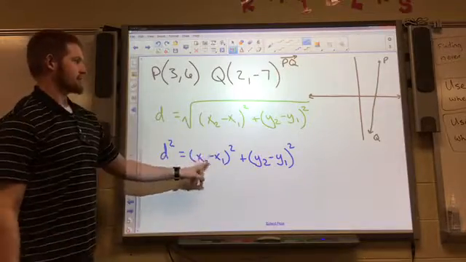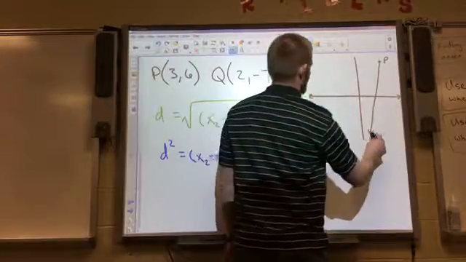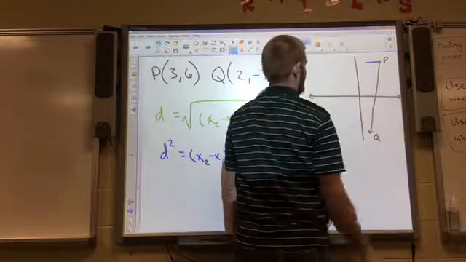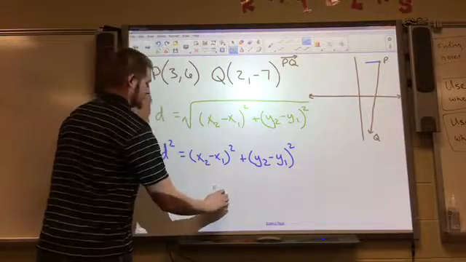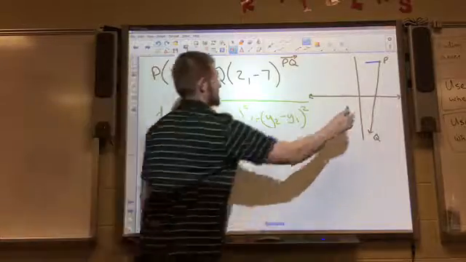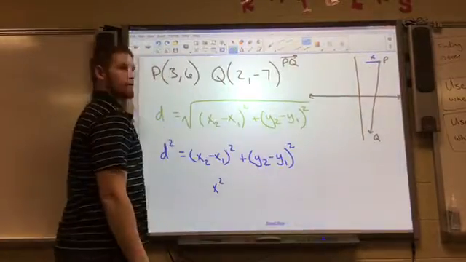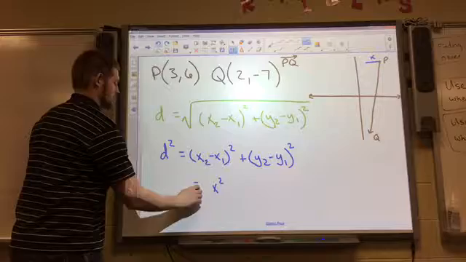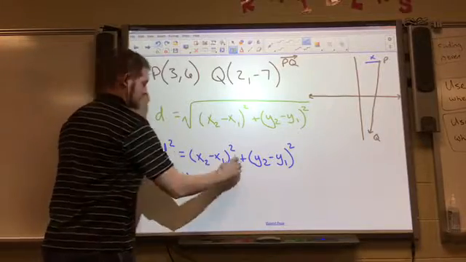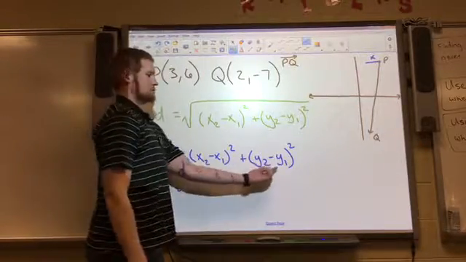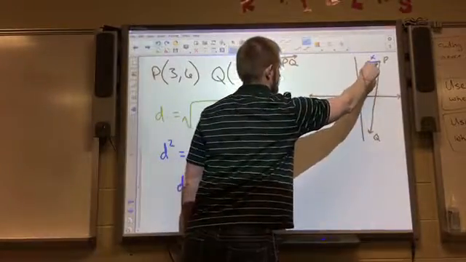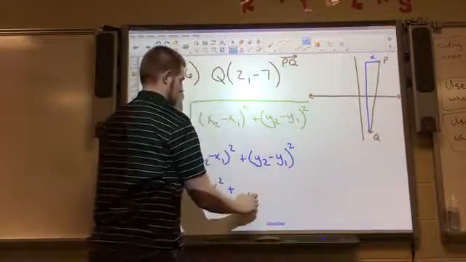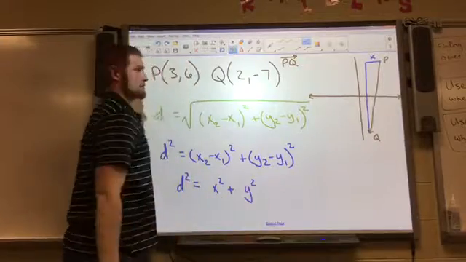If I take x2 minus x1, isn't that just how far left and right I travel? So that would just be my x, right? Yeah? Okay, equals d squared plus, this would just give me my up and down distance. So that'd just be like y squared.